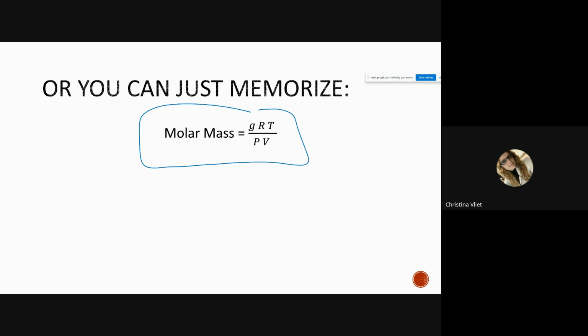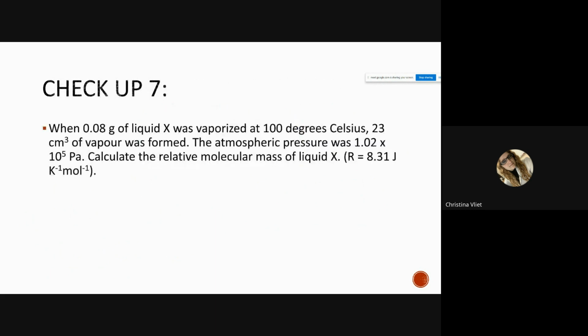Memorize the second formula to solve for molar mass. For some of you, you prefer to do that. I actually prefer method 1 because I personally like math. But I'm giving you both so that you can decide what you want to do. Regardless, if you want to solve for molar mass, you're going to need the grams, the temperature, the pressure, and the volume. So let's do a question together, and then you'll have a question to do.